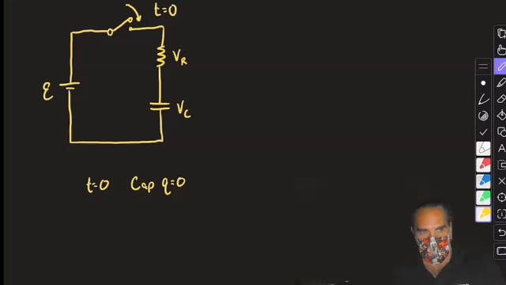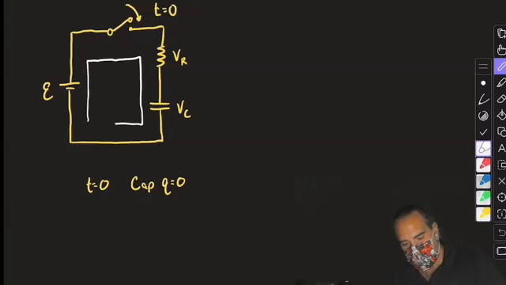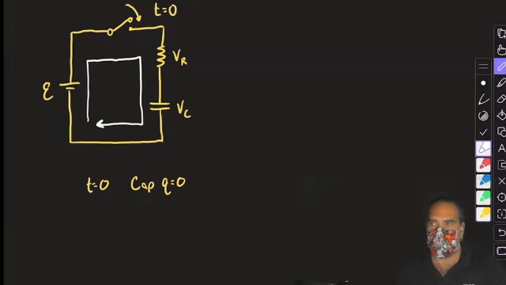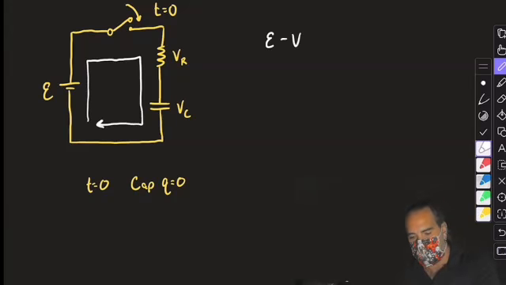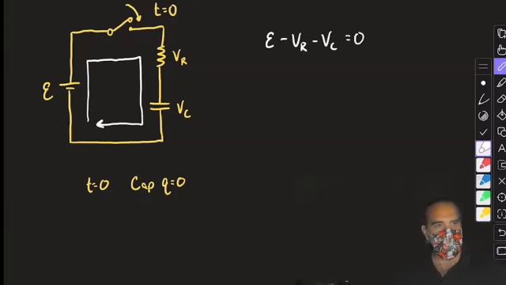And at time 0, we're going to close the switch. It's a single loop. So whatever the current is in the circuit, the current should be the same everywhere. And based on Kirchhoff's laws, we should be able to say that at time 0, we get a single loop describing the voltage drops across the capacitor and the resistor.